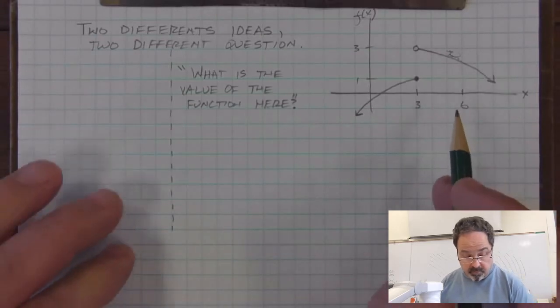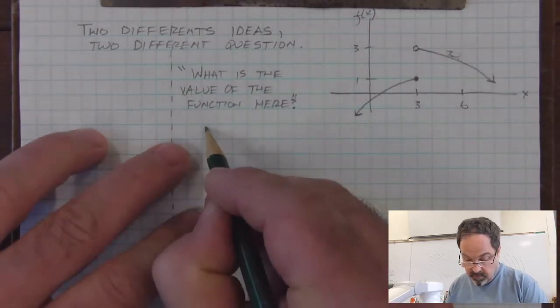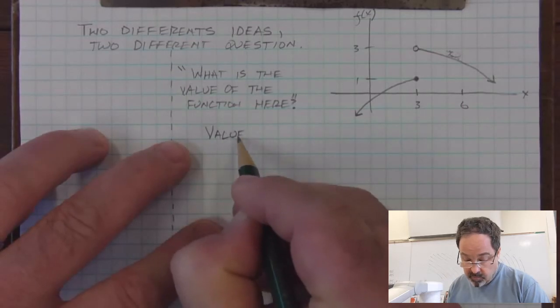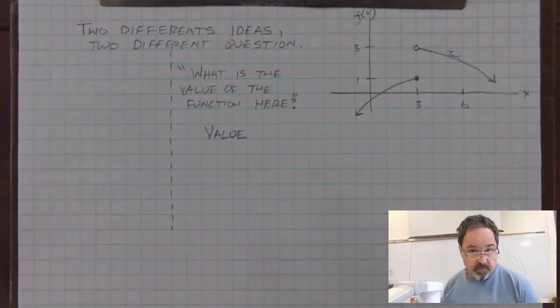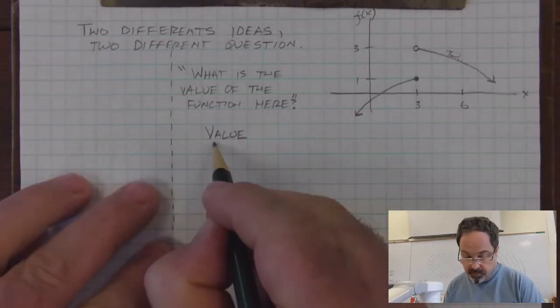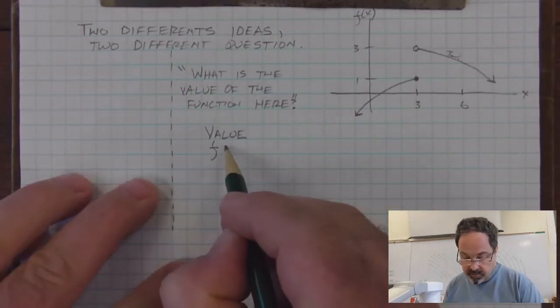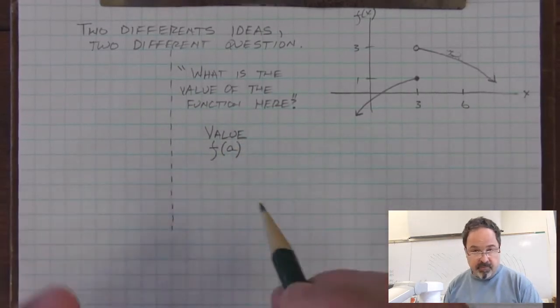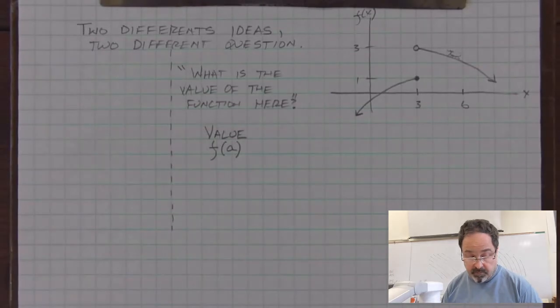This is a familiar question. There's nothing new. And this type of question could be called a value question. What is the value of the function here? We have familiar notation. Generically, if we called it the f function, at any place in the domain we could call a. F of a stands for the value of the function.